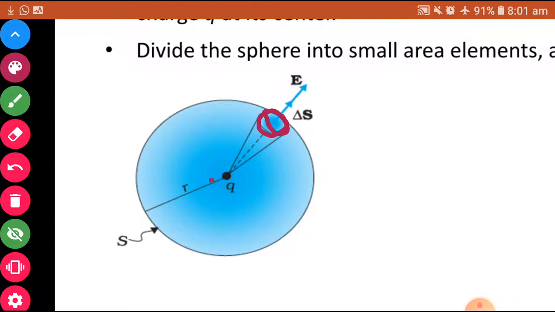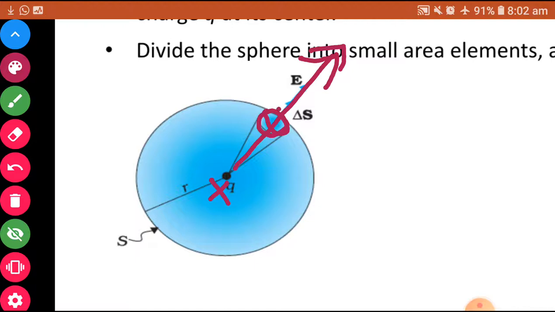Now this is our positive charge. And as you know, electric field is always going outward or going away from the positive charge. So this is the direction of electric field. And area vector, try to understand, area vector is always perpendicular to the surface.